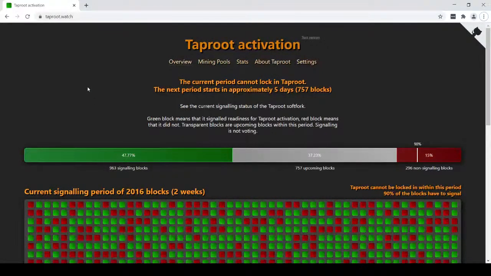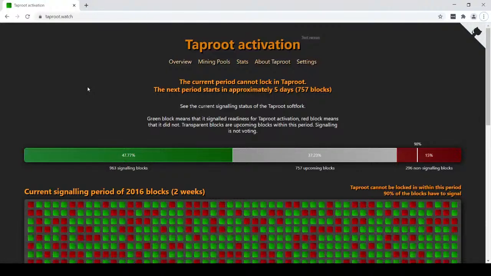So this is a website that tracks the information that is present in the blocks. Now, basically, every Bitcoin node out there, every Bitcoin client, every Bitcoin miner is seeing the same information. And this website is tracking it for you so you can visualize it and see it.